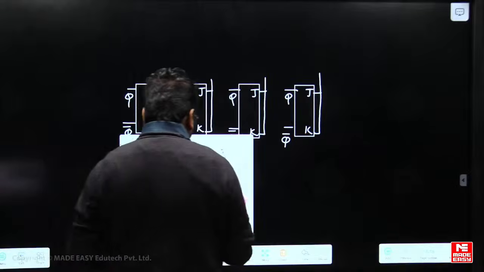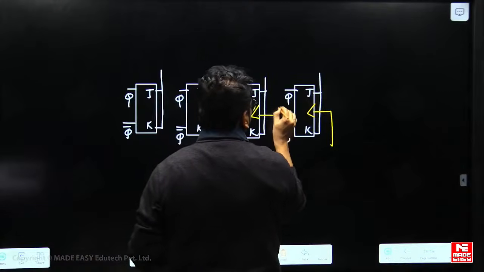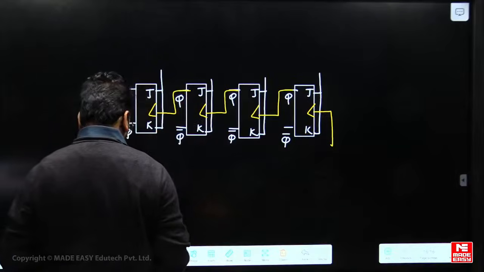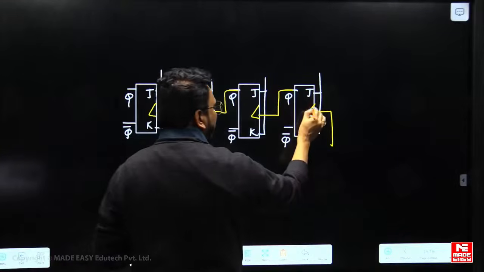Now all these are connected from this, this is the way. And here they also kept a bubble.